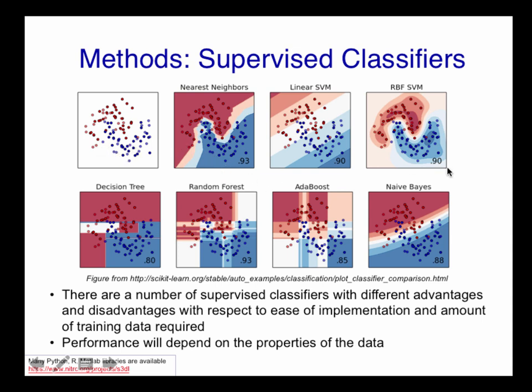And we apply different types of classifiers and see what their decision boundaries look like. So you can see that with different assumptions that are made by these classifiers, here, this is the same type of classifier as a support vector machine, but if you use a linear kernel versus a radial basis function kernel, you can get very different decision boundaries.